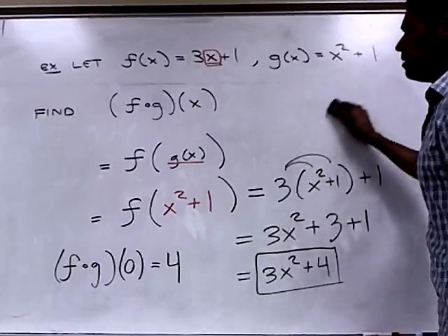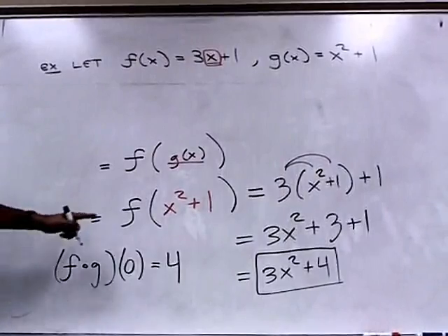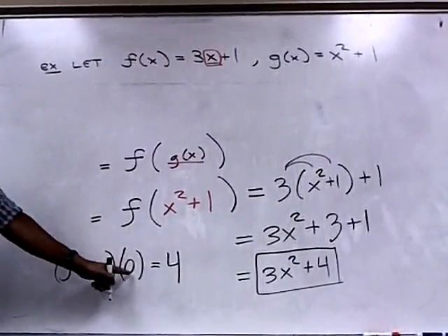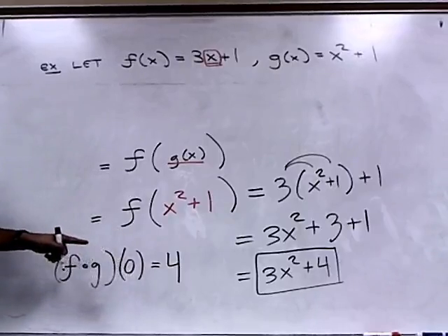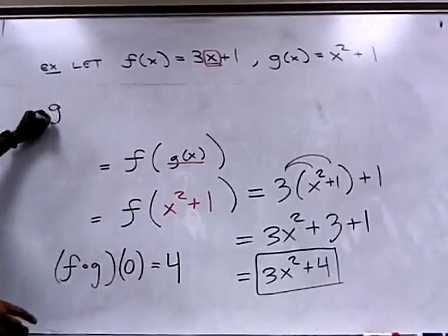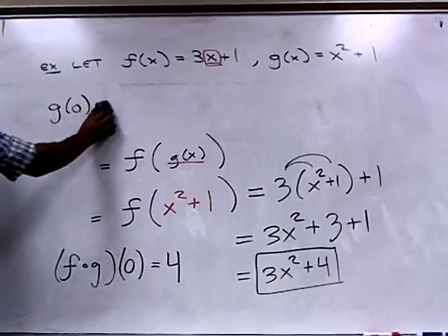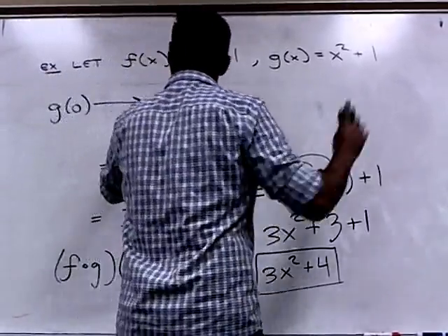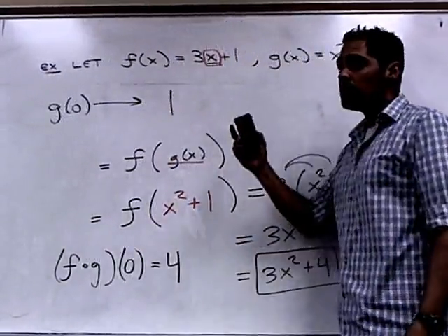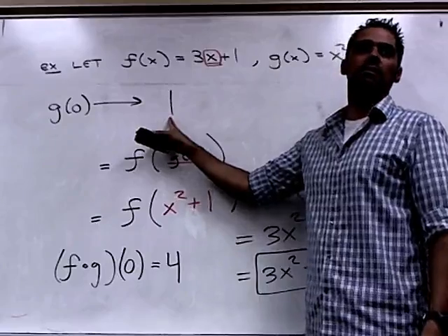So watch this instead. I'm going to erase these. Keep those up there. If I do f of g of 0, 0 goes into g first. So guys, what happens if we plug in 0? You spit out 1, right? Now, girls, what happens if the guys hand you 1?